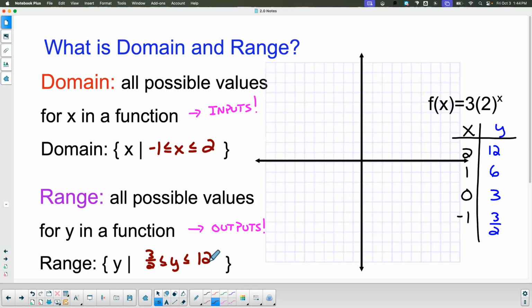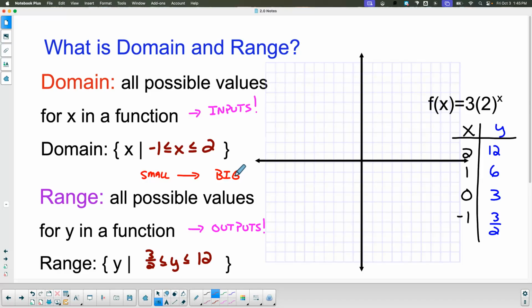Okay? Because that's what the values of my y's go from. When we're doing this notation, it is always your smallest number on the left, your biggest number on the right. Okay? Always small to big, left to right.